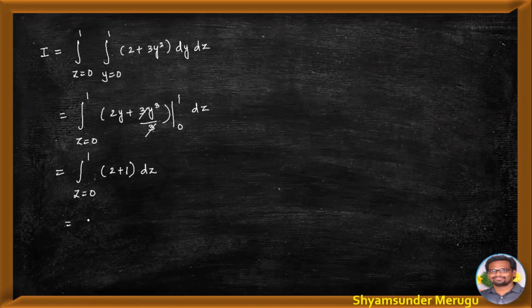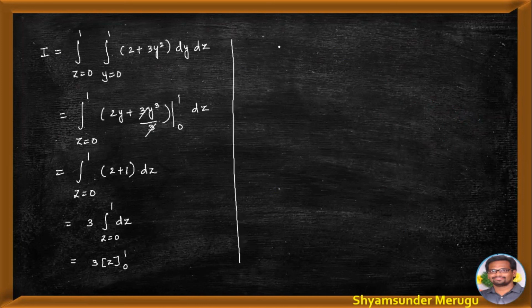So here we will have 3 and z equal to 0 to 1, then dz. Then we can write 3 of z from 0 to 1, and finally we can write I equals 3 amperes.